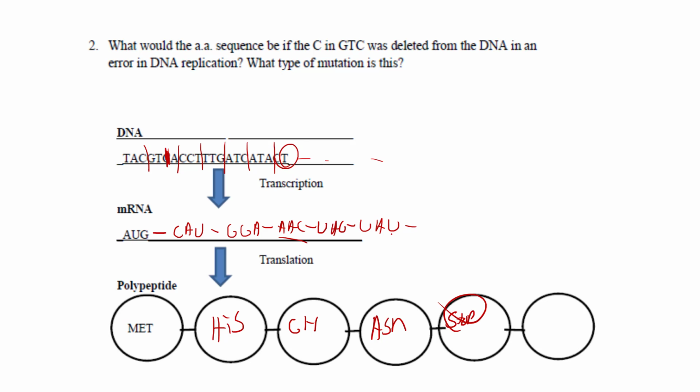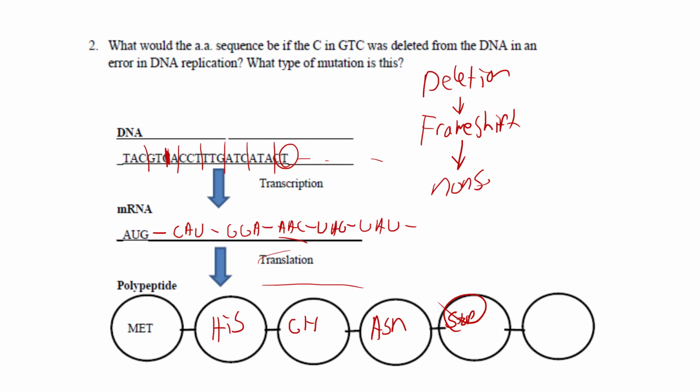Okay, so what's happened here is we had a completely different protein being produced than the one before because what we had here was a deletion that led to a frame shift mutation that led to a nonsense mutation. Okay, we have a stop codon where we shouldn't have had one.